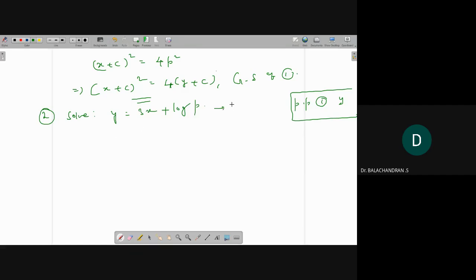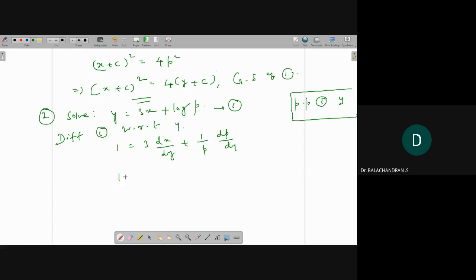So you can take this as 1. Differentiate 1 with respect to y. With respect to y, you get 1 equal to 3 into dx by dy plus 1 by p into dp by dy.